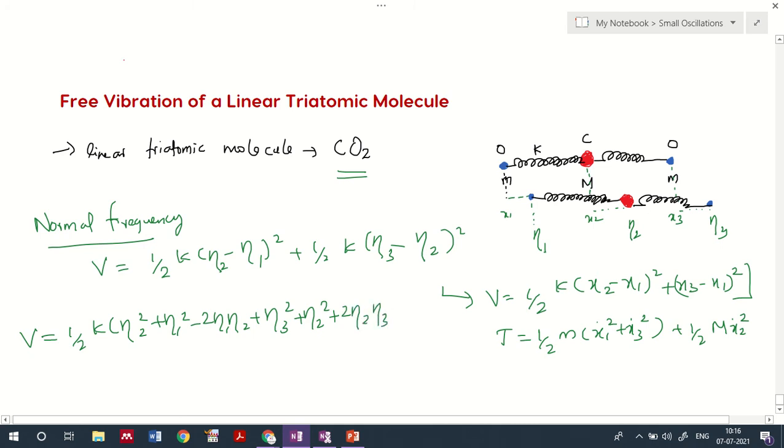You can expand eta 2 minus eta 1 and eta 3 minus eta 2 the whole square, and correspondingly you get an equation.